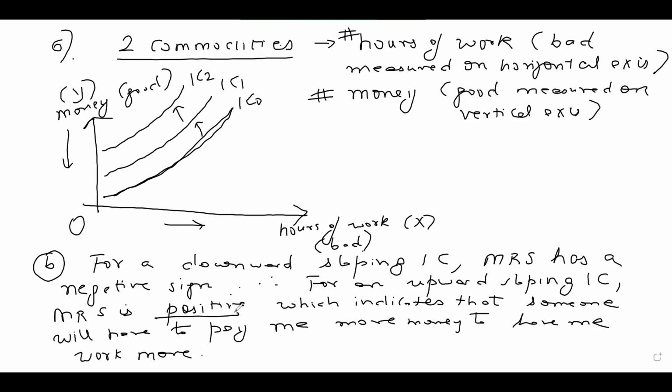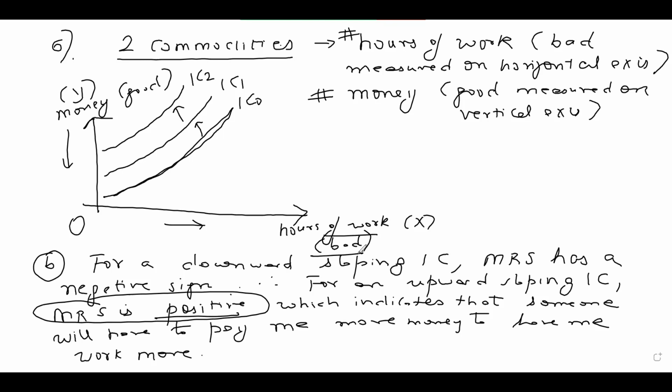That is how you interpret a positive MRS. Since working is a bad for me, it means that instead of me sacrificing money, someone has to pay me more money in order for me to work more.